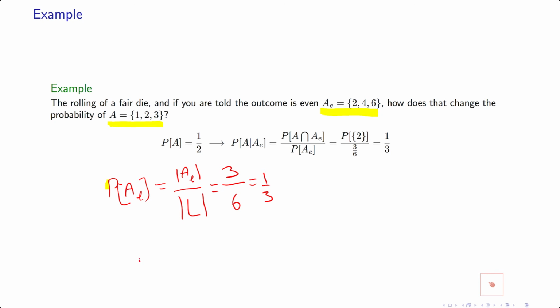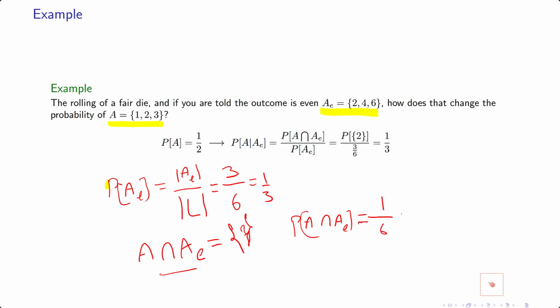Now, the intersection of A with AE is equal to the elements which are both in A and AE. So it's only 2. So the probability of A intersection AE is equal to the size of this set, which is 1, divided by the size of the total set, which is 6, so 1 over 6.